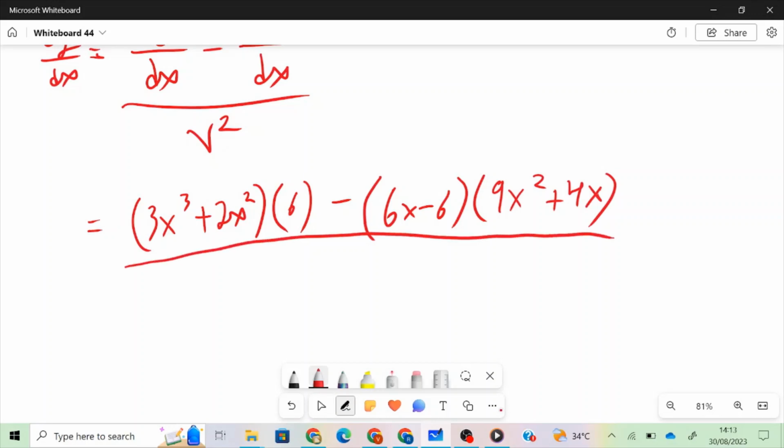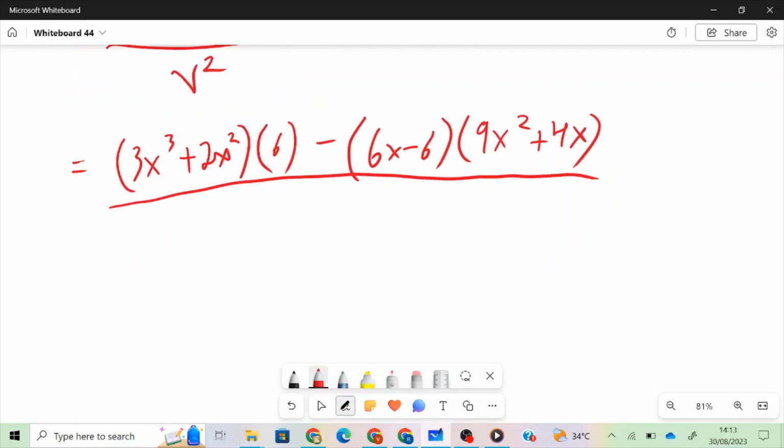Now don't forget the v squared, a lot of people do tend to forget it, but always keep it there, all over v squared, which is 3x cubed plus 2x squared all squared.